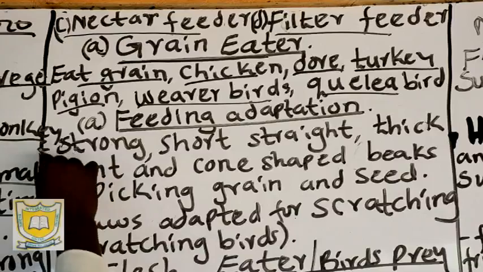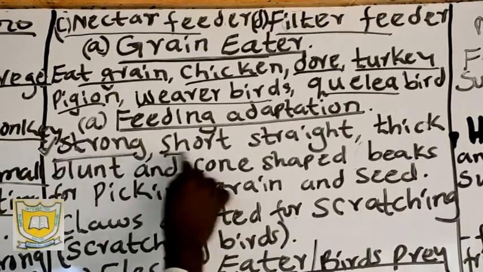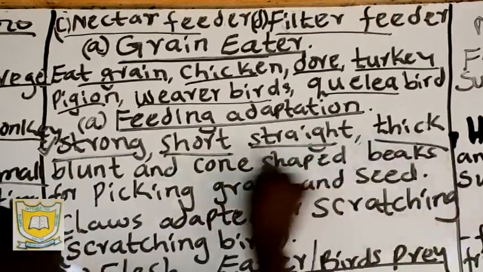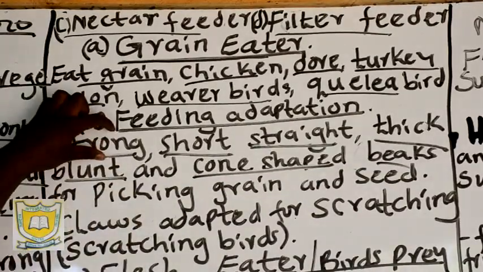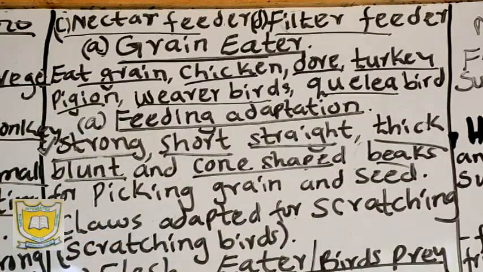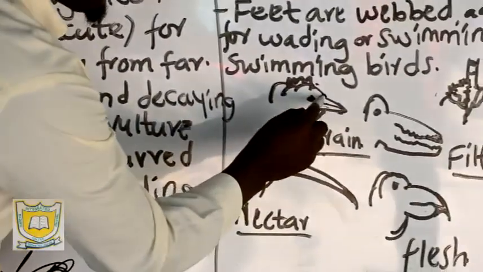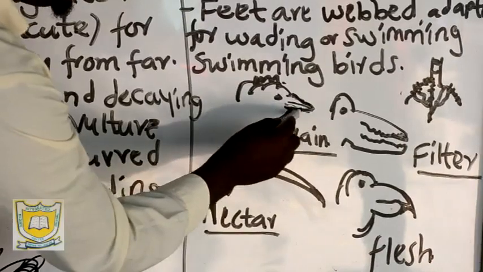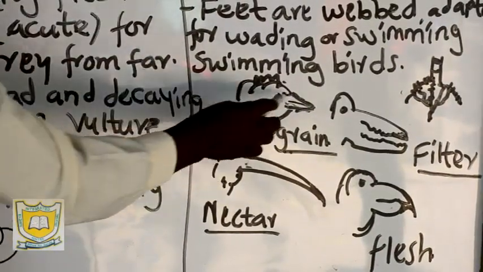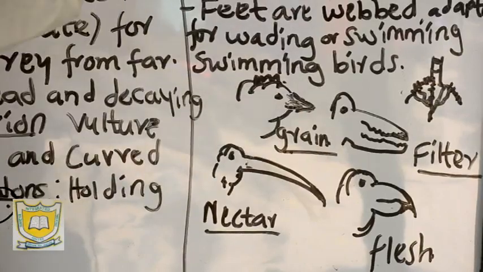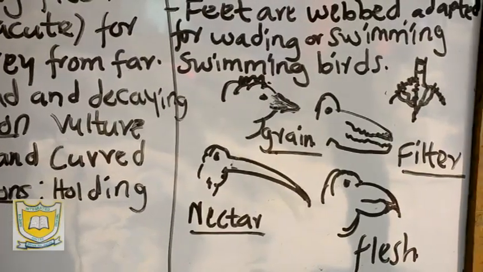Number one, they have what we call strong, short, straight, thick, blunt, and cone-shaped beaks. If you come here, I've managed to draw an example. We say this beak here is short, also strong, thick and cone-shaped.